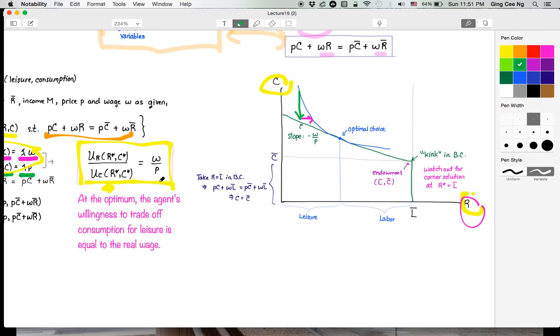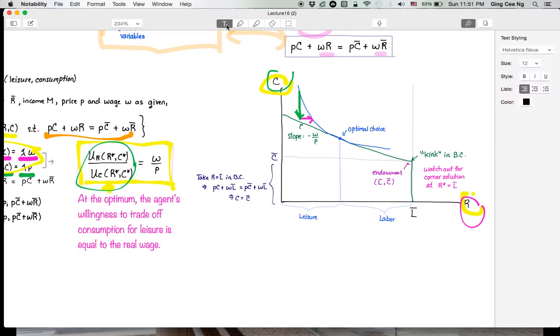That's your MRS. So on the left-hand side here, your willingness to trade off consumption to get a little bit more leisure, at the optimum, needs to be equal to your real wage rate.